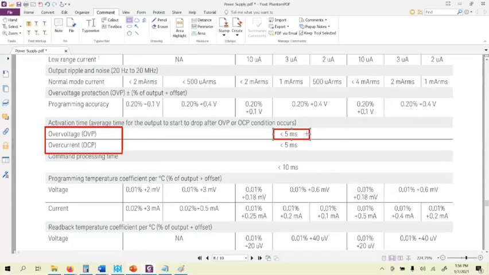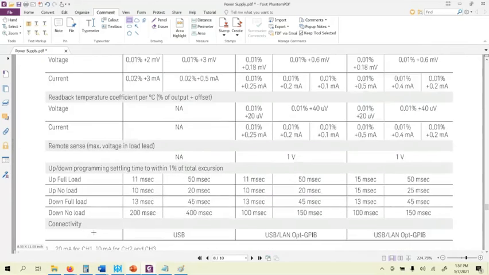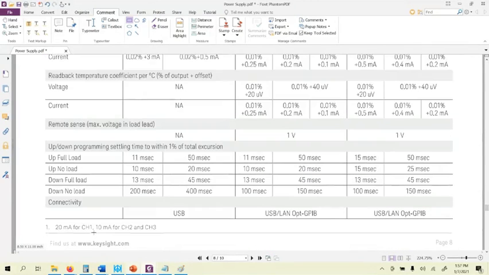Even if there is lightning and the spike lasts just 5 milliseconds, this power supply can handle that kind of over voltage. But if the voltage stays higher than expected for more than 5 milliseconds, then the supply will not guarantee you a constant 6 volt. These kinds of things are very important when you are dealing with a power supply.